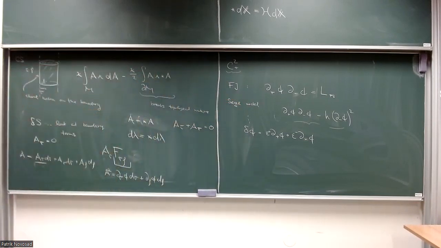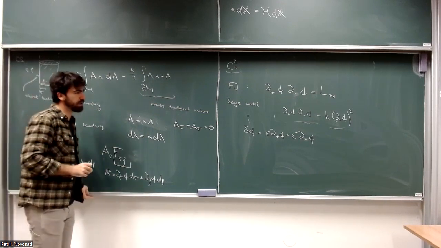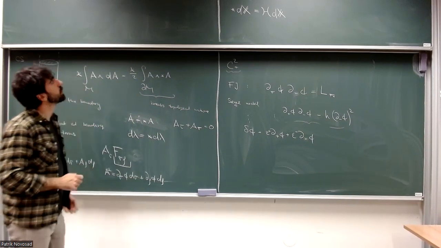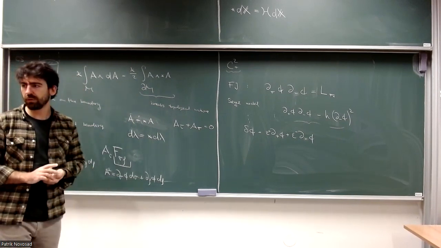So that's very nice. But how does it work for these more covariant versions of the chiral action that I'll also discuss? And maybe I'll comment on how much time I have.